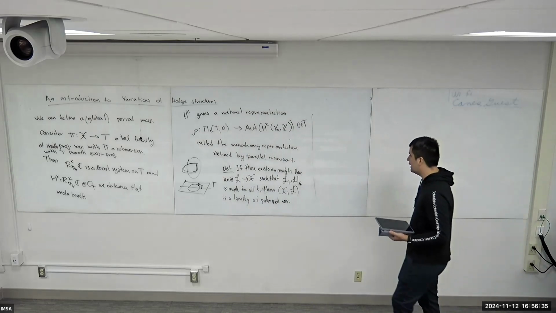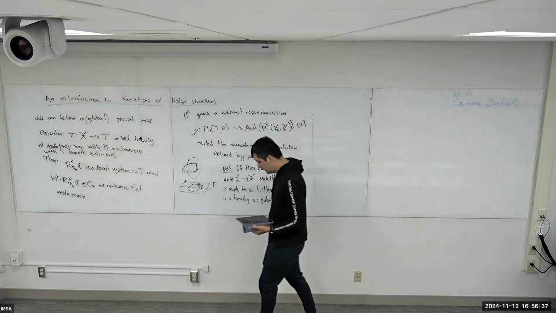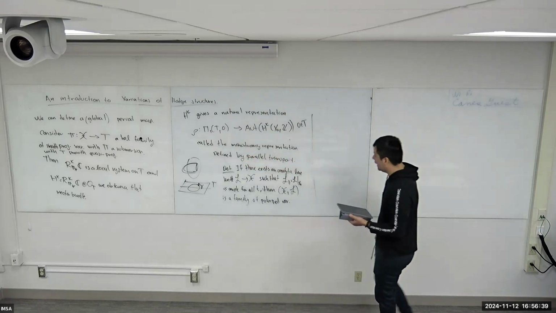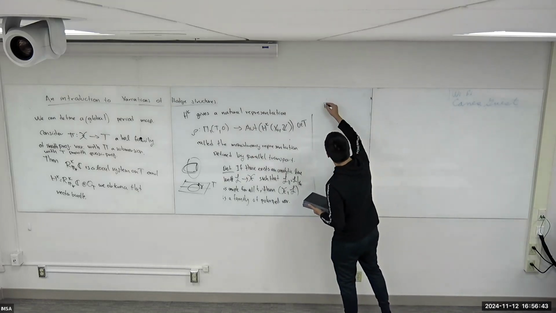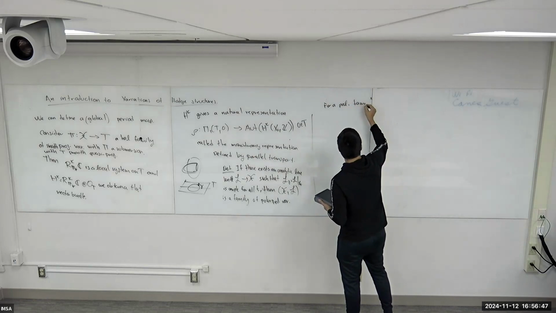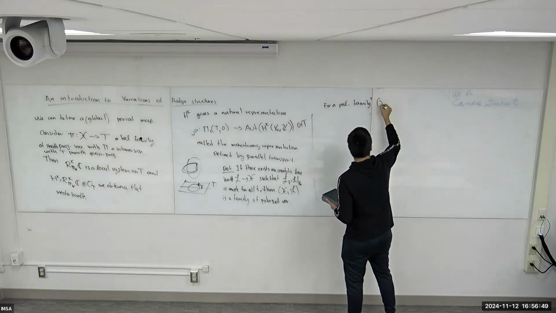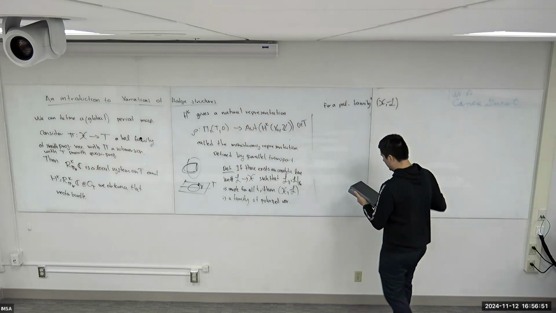So now when you have a polarization, you have an induced pairing for a polarized family XL.